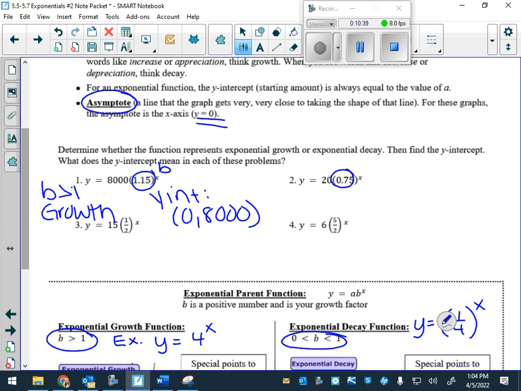Paris? In between 0 and 1, therefore it's decay. Okay. What is our y-intercept? Assad? 0, 20. Good.